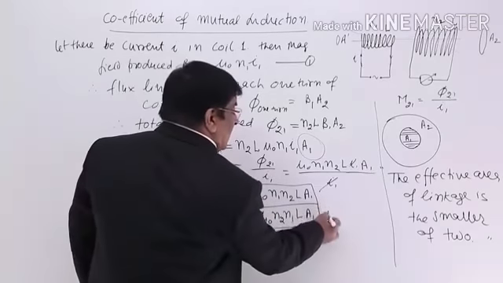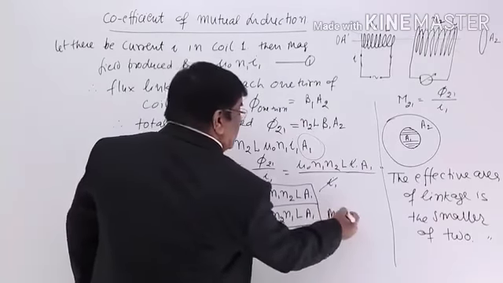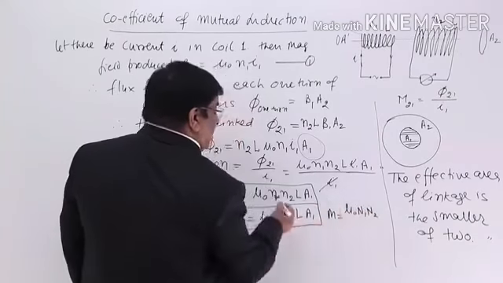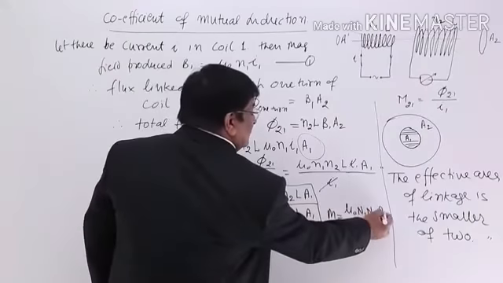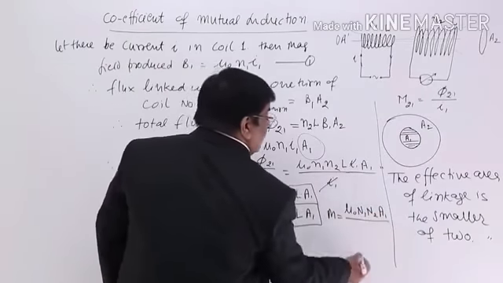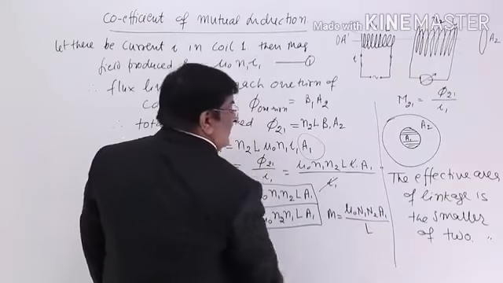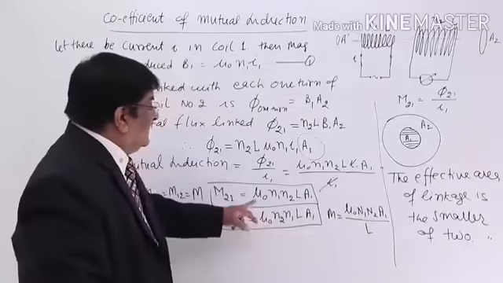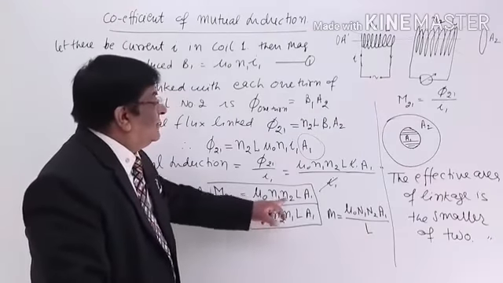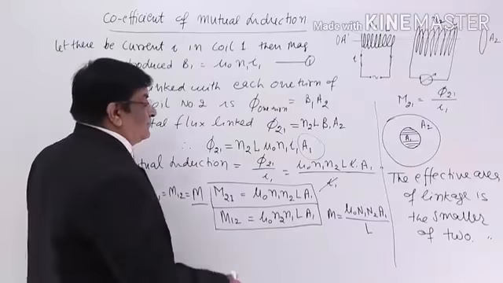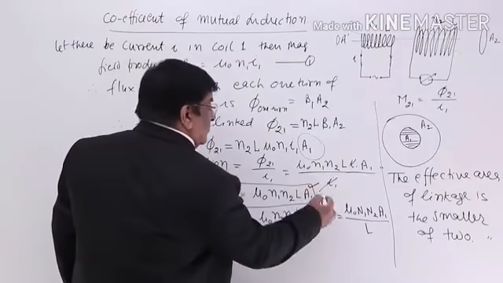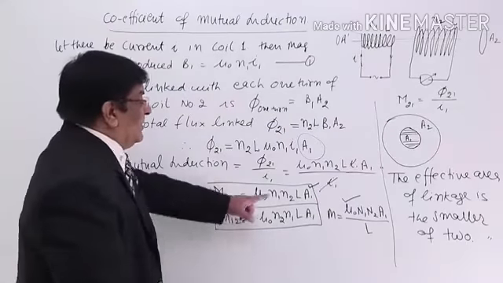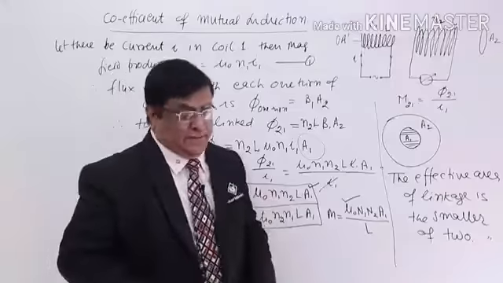So this M we can write as M is equal to mu naught N1, N2, both capital, into area A1, divided by L. This is in terms of total number of turns. The earlier one is in terms of turn density. So, here are the two formulas for mutual induction. This depends upon number of turns, area and the length.